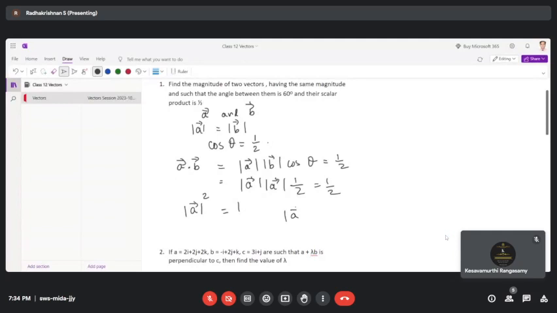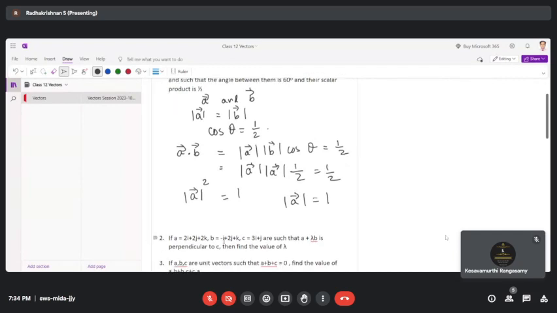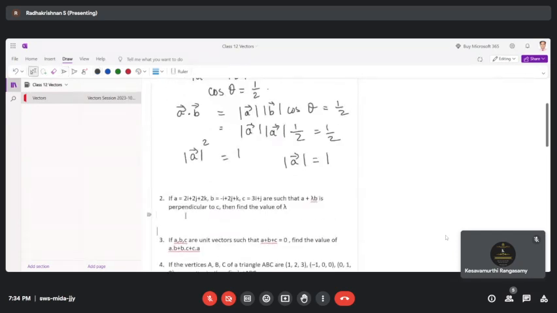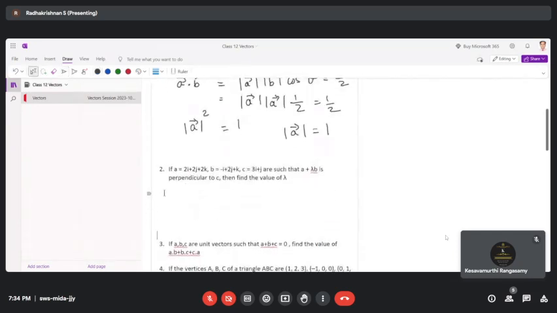This is the same as magnitude of B, because they are equal. So both vectors have magnitude 1.